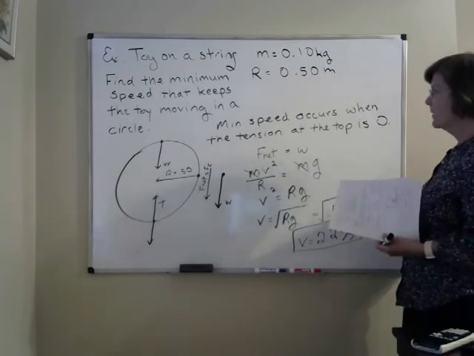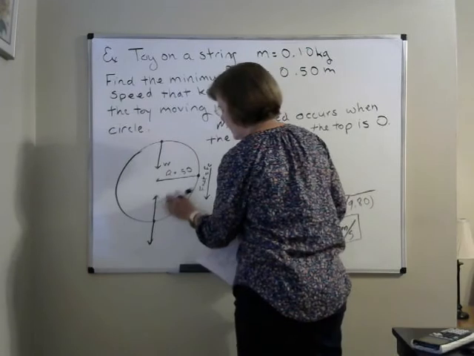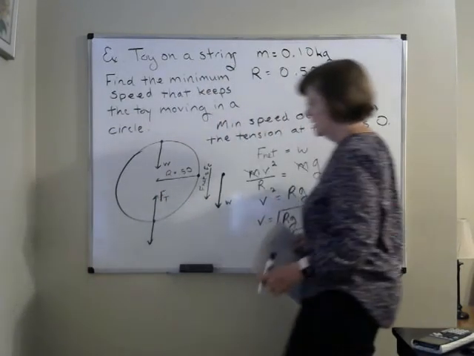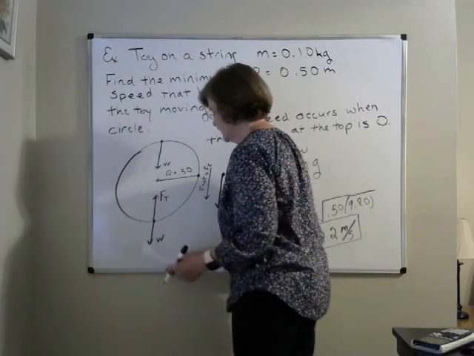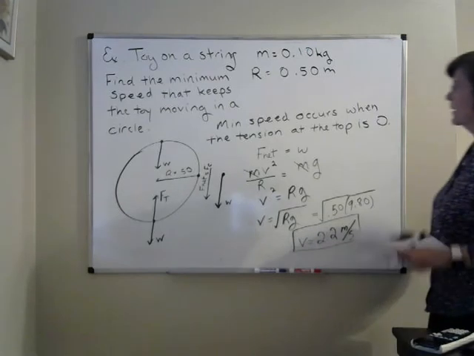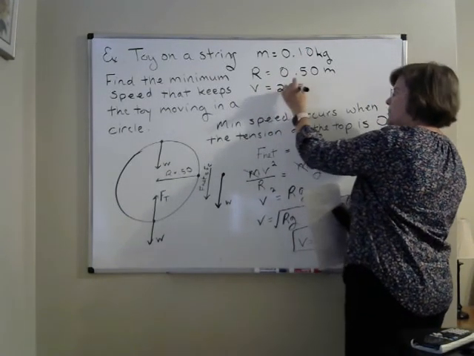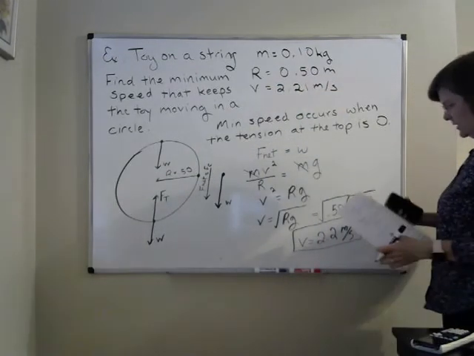Now I need to be careful because I used a capital T on this. Let's go ahead and call that F with a little t, the force of tension. So we're really clear, this is W. All right, we're going to use our minimum speed, which was 2.21 meters per second. We'll carry an extra digit.